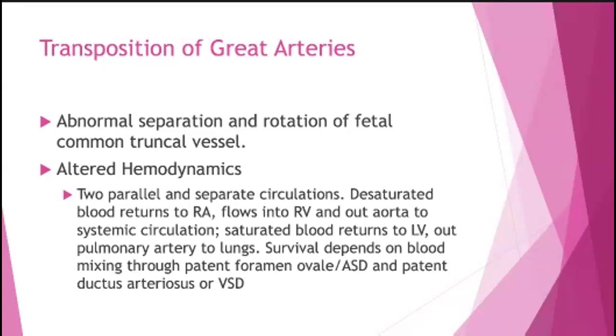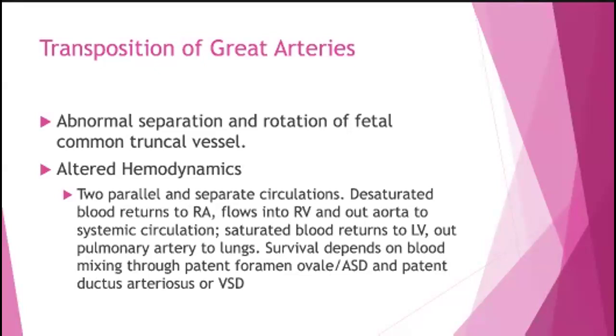In this, we have 2 separate but parallel circuits. So it goes from the right heart to the aorta to the body. And we have a continuous circulation of deoxygenated blood. The other circuit is the left heart to the pulmonary arteries to the lungs. And this is just oxygenated blood that recirculates.